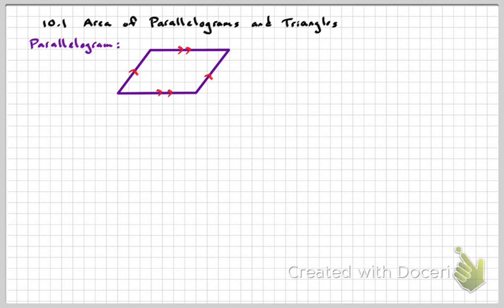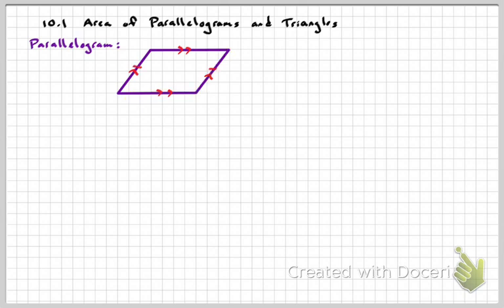And that is where people are going to get this incorrect. It is a base times height formula, but height is perpendicular to the base. Remember, if something's perpendicular, it's forming a right angle. Notice that this side is not perpendicular to this base, so this angle right here is not a right angle.